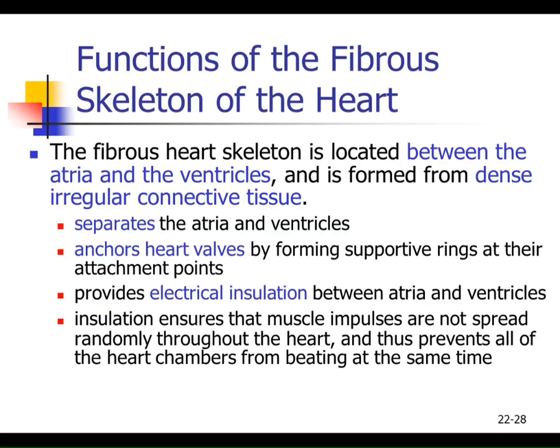This skeleton is also providing electrical insulation so that the atria can squeeze, and then shortly thereafter the ventricles will squeeze. If all four chambers were squeezing at the same time, our heart would not be working well. So we need a delay in the squeezing of the two atria and then the two ventricles. We'll talk a lot more about that next semester.